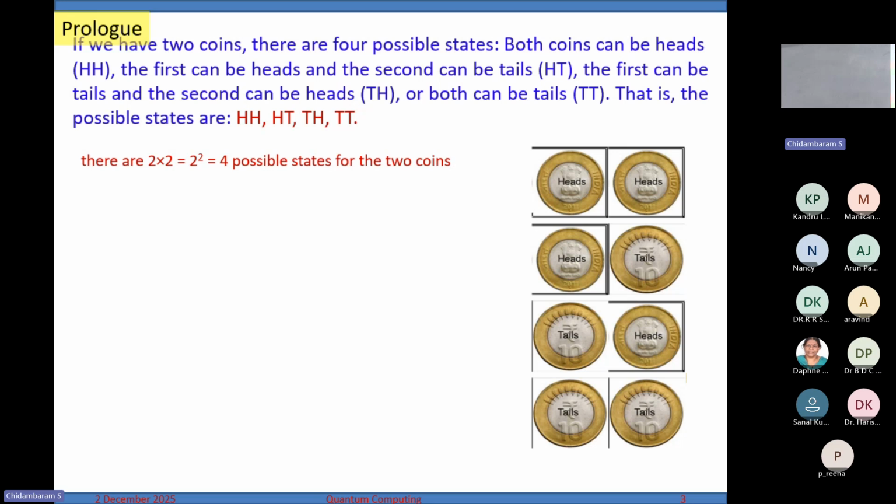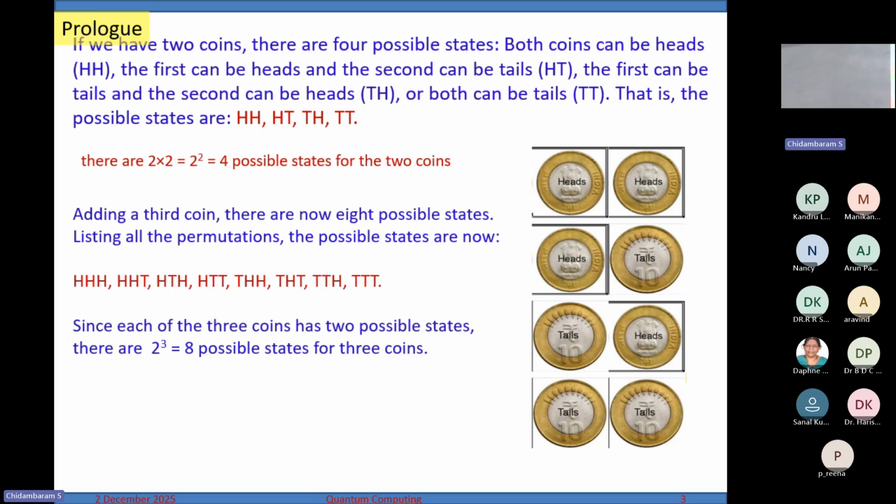So when I have a single coin, I have two states, head or tail. Now when I scale it up to two coins, I have four states. So two coins, four possible states. Now imagine I am adding one more coin, the third coin.